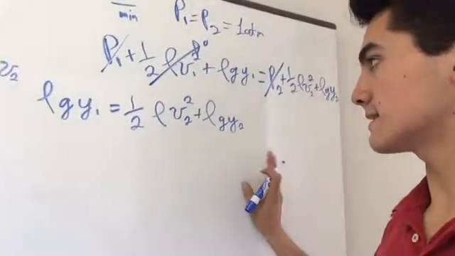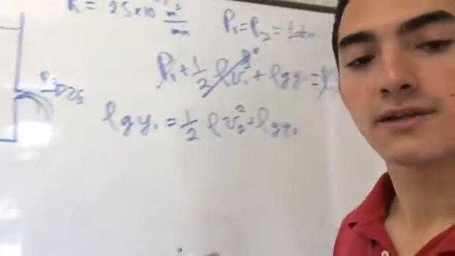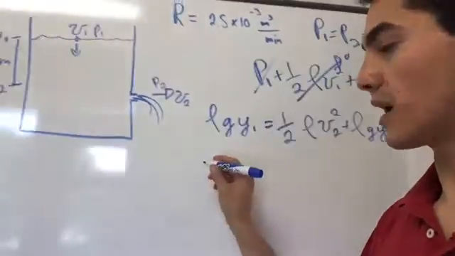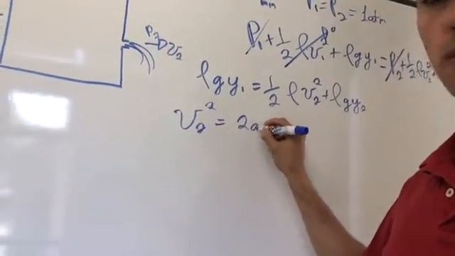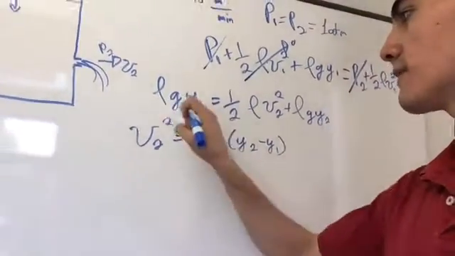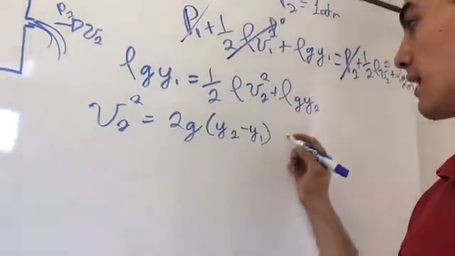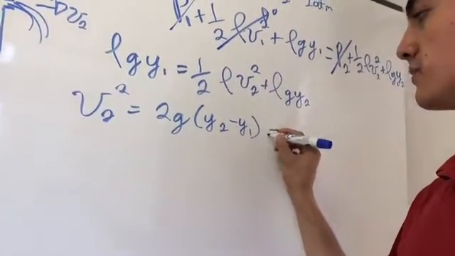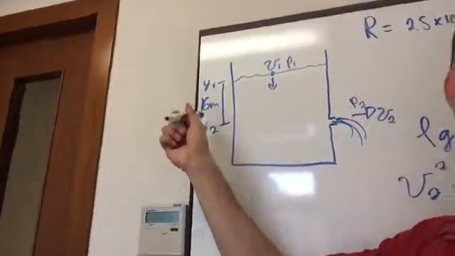Once we have this, we are asked for the speed at which the water leaves the tank. So we solve the equation for the velocity, and we have that velocity 2 squared equals 2 times gravity, because we have gravity on both sides, so we can factor it out, times the height difference, so 2gh. The h we know is 16 meters.